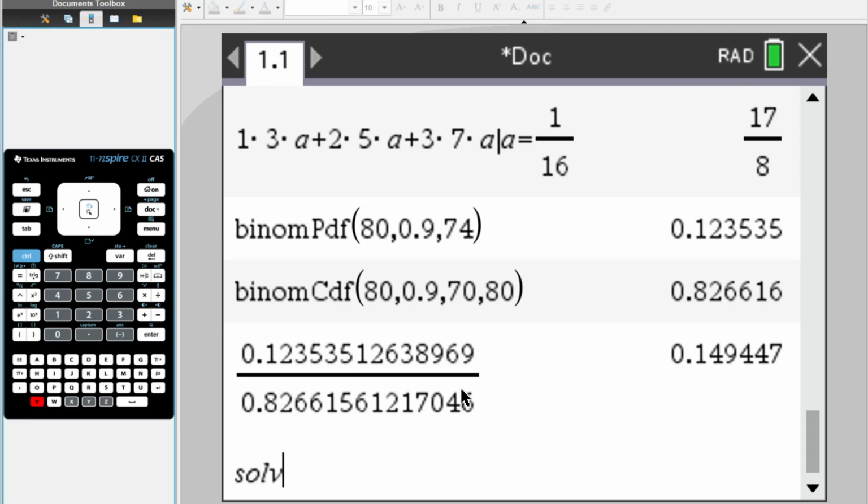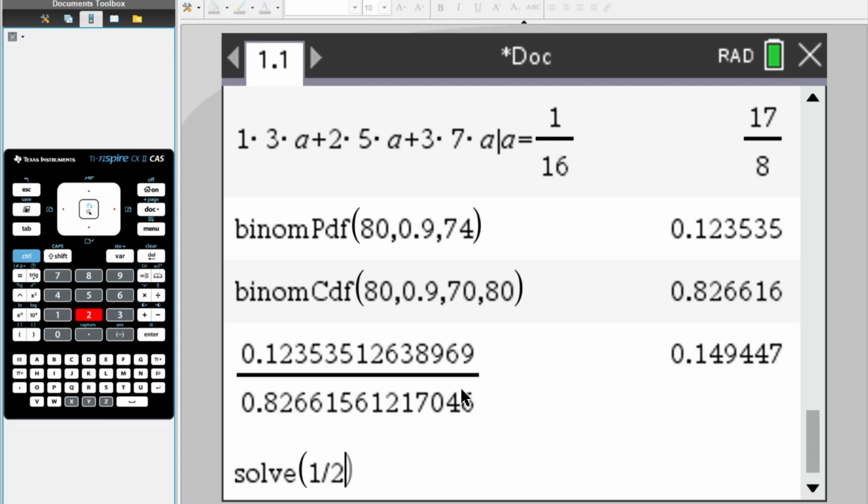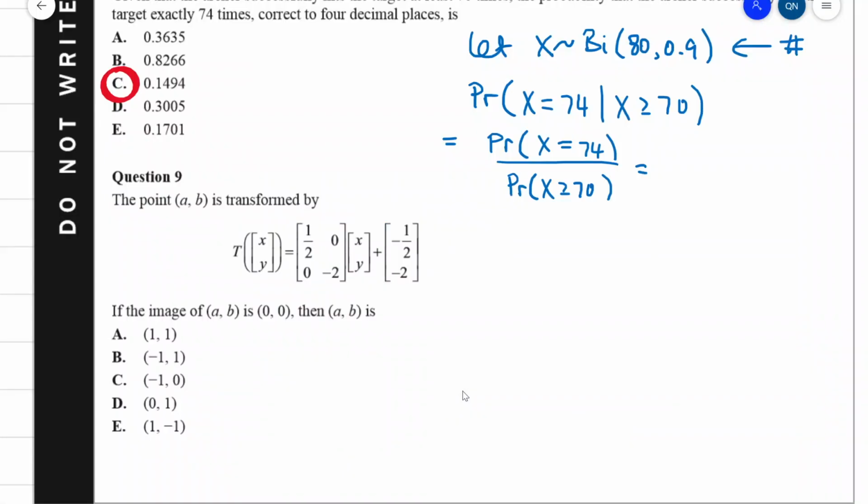A very quick way to do that is just to use solve. We need 1/2 times a minus 1/2 equals 0, and we also need negative 2b minus 2 equals 0, and we're going to solve this, so comma, and then just list the variables, a, b. That gives us 1, -1, which is option E.